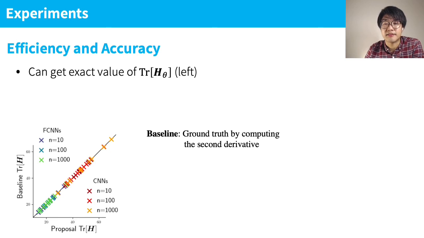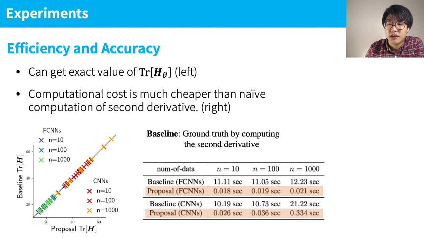Here, as you can see from the left figure, our results are quite aligned with the ground truth. Also, as shown in the right table, our method is much faster than the naive method.